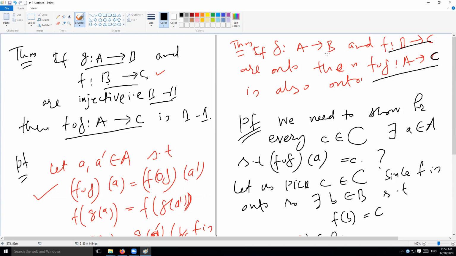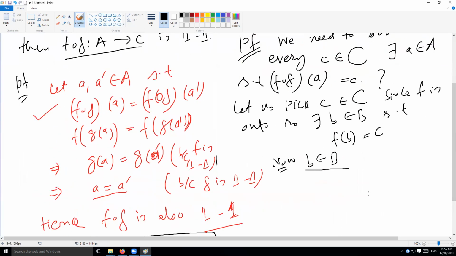So if it is onto, then for every B here there is an element A such that G of A equals B. Now B is from B, and since G is onto, there exists an A in A such that G of A is equal to B.